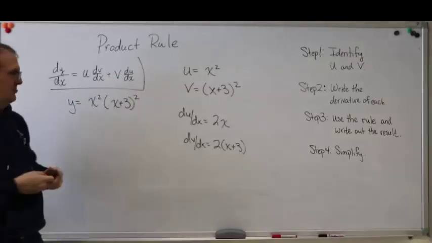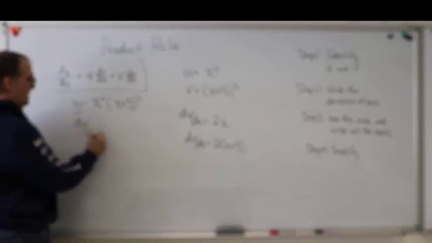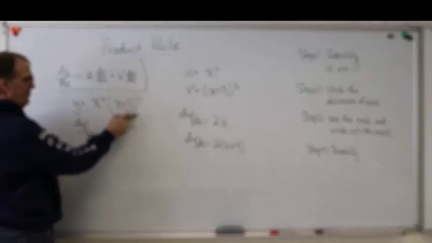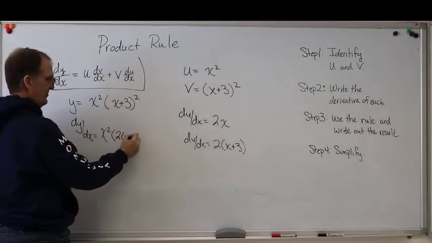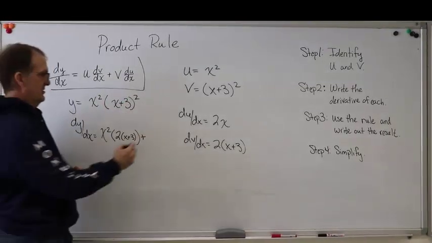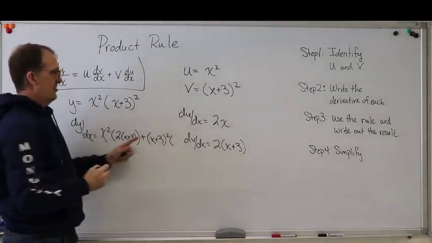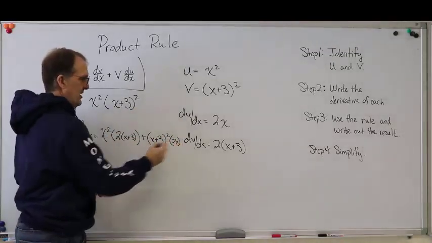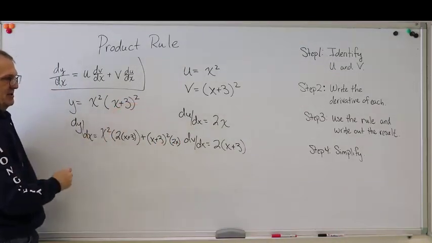So with that in mind, the derivative is leave the first, multiply it with the derivative of the second, 2(x + 3). Add that to leave the second, (x + 3) squared, multiply it with the derivative of the first, 2x, and now we just need to simplify, which is step 4.